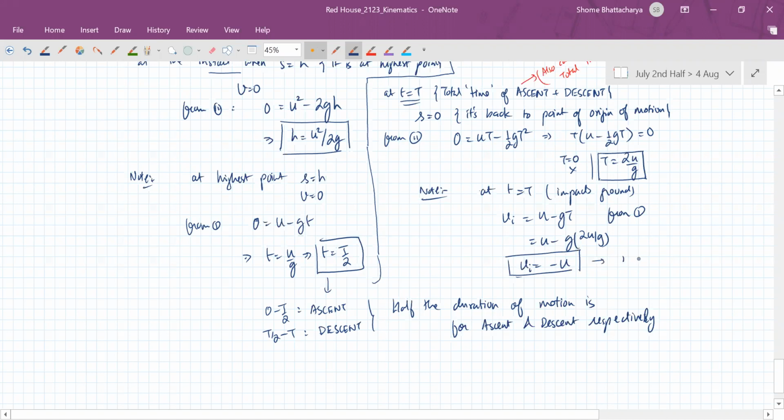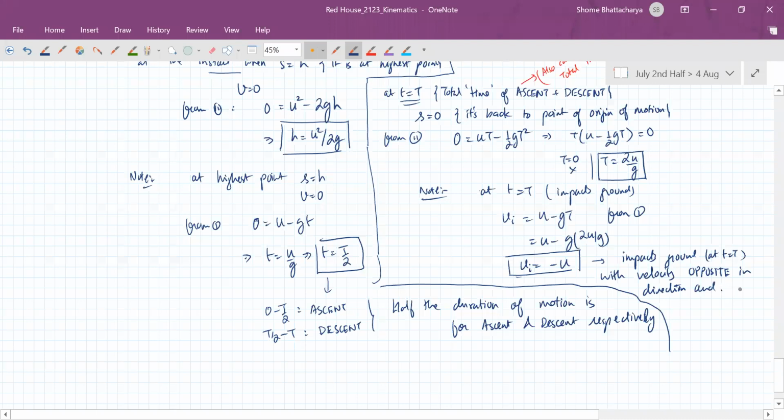So the impact speed is equal and opposite to the projection speed initially. So it impacts the ground at T equal to capital T with a velocity opposite in direction and equal in magnitude to the initial velocity.